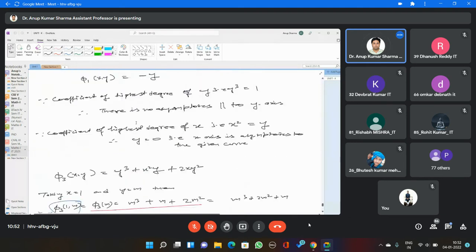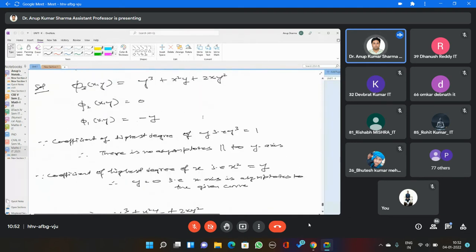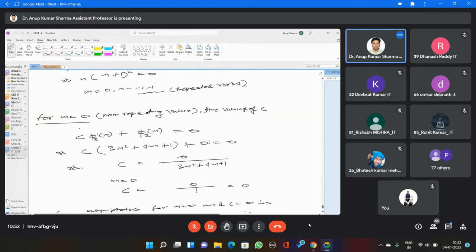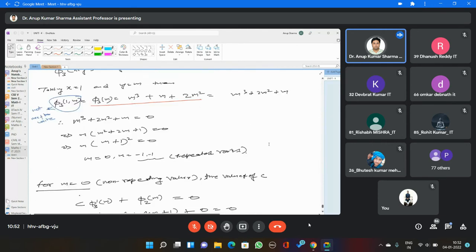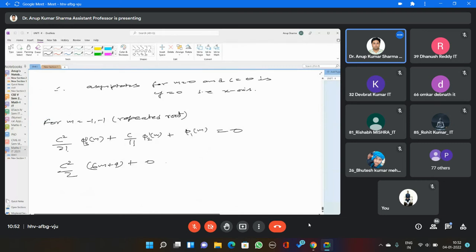Phi 1m is written. Phi of 1m, we take here x is equal to 1 and y is equal to m. So this is minus m, since phi xy is equal to minus y.